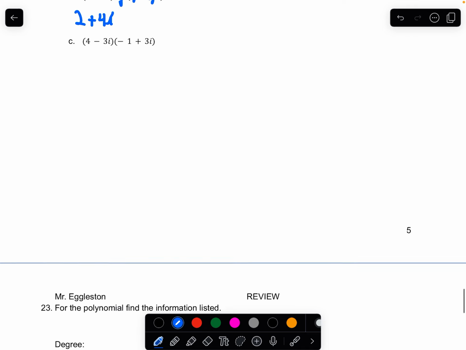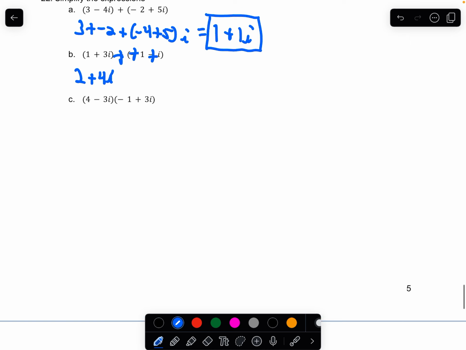Now, when you multiply complex numbers, you got to FOIL. This would be the last problem because that was the bell. So this is negative 4 plus 12i plus 3i minus 9i squared. I just FOILed it. First, outer, inner, last. And then you got negative 4, 12 plus 3 is 15i.